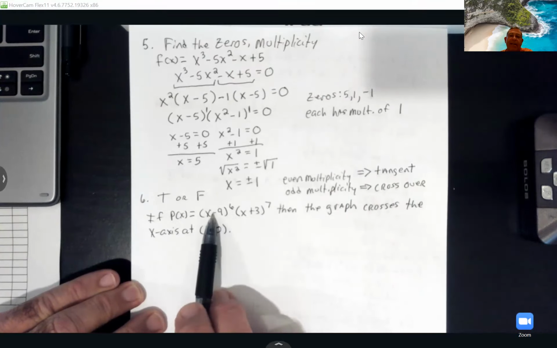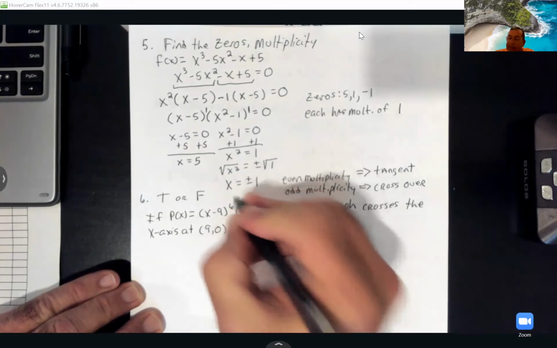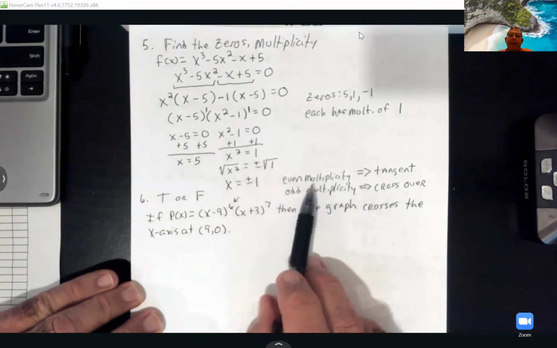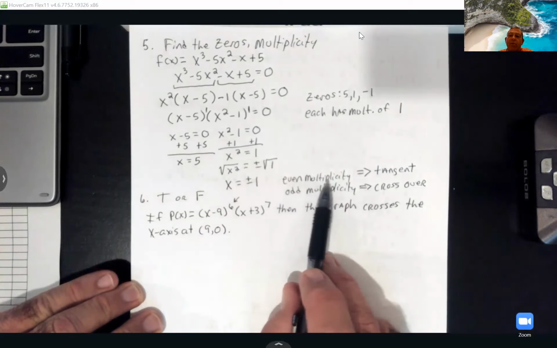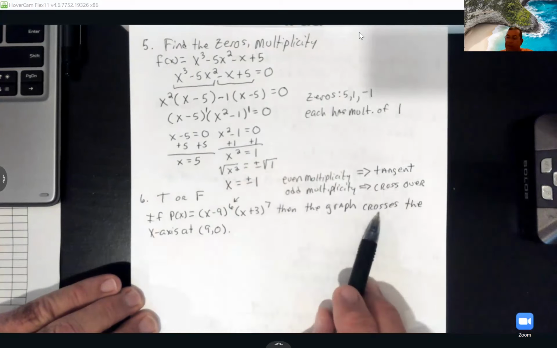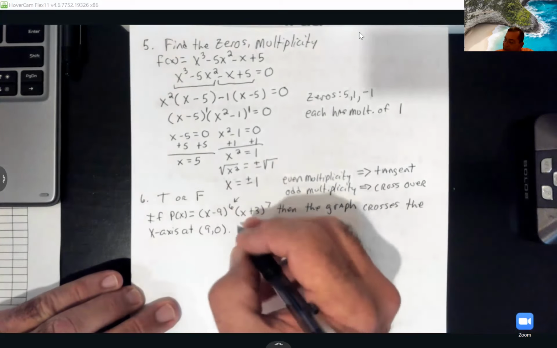So if you said x minus 9 equals 0, you would get x equal to 9. So I'm looking at the multiplicity on the x minus 9 factor. That multiplicity is a 6, which is even. So since it's got an even multiplicity, it should be tangent. But y'all, they're saying, hey, it crosses the x-axis. So this is false.